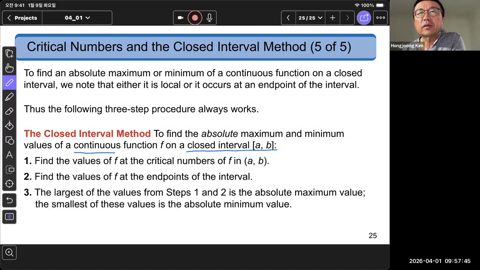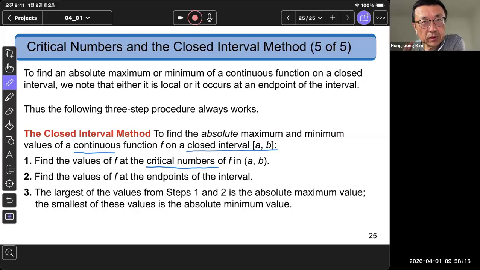And if you want to find the absolute maximum or absolute minimum, then please find the values of f at all the critical numbers of f. So what did I tell you? What is the critical number? I told you a minute or two ago.